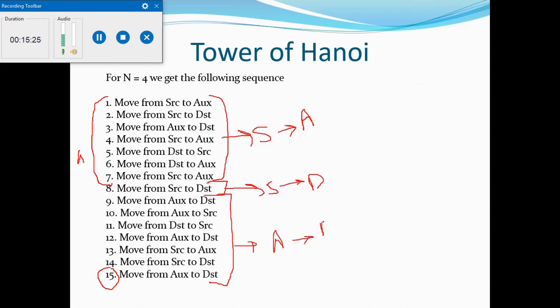That is all the steps: 7, 1 and 7. Total, if you combine, it should be 15. Okay, so 15 steps, 15 movements are required.